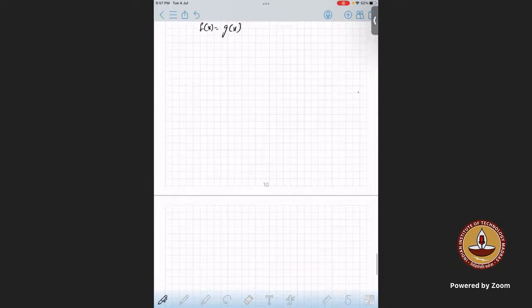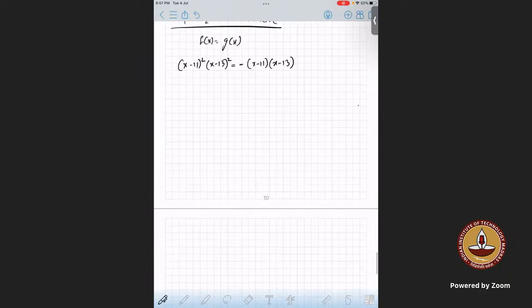F of x equal to (x minus 11) whole square, (x minus 13) whole square, equal to g of x, which is minus (x minus 11)(x minus 13). Then plus (x minus 11)(x minus 13) equal to 0.